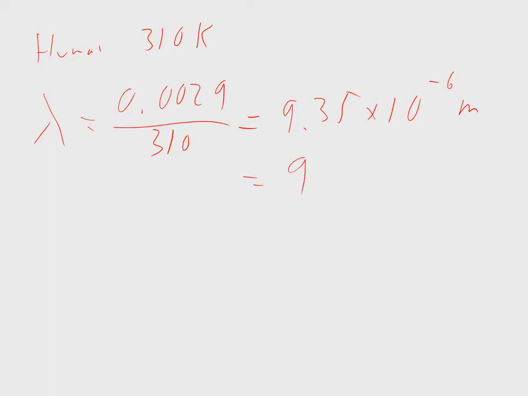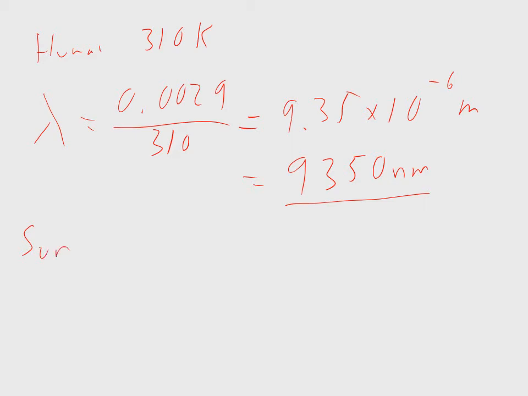That's the same as 9,350 nanometers. Remember, you only see 400 to 700 nanometers, so this is way longer than visible light, which means it's going to be infrared.